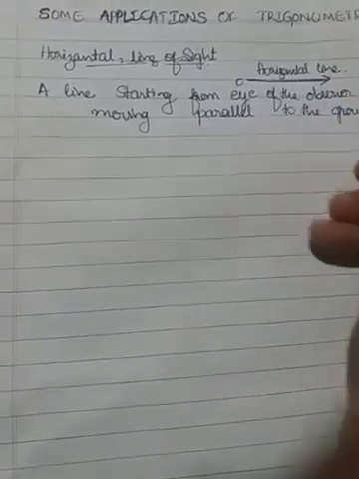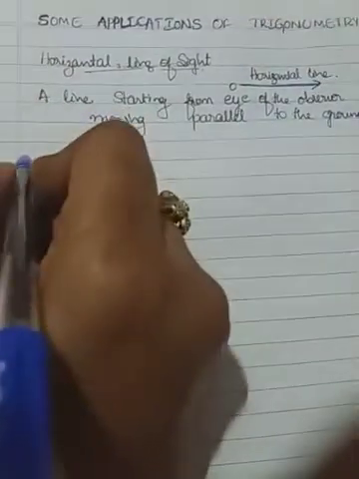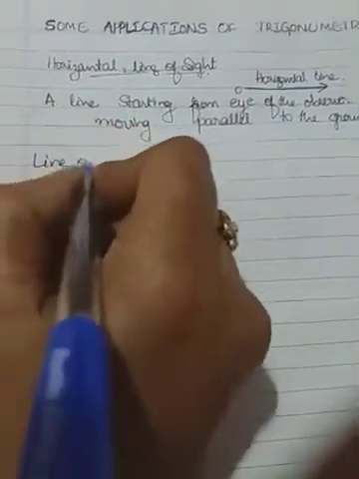So this is called the horizontal line of sight. In the same way, the next one is line of sight.